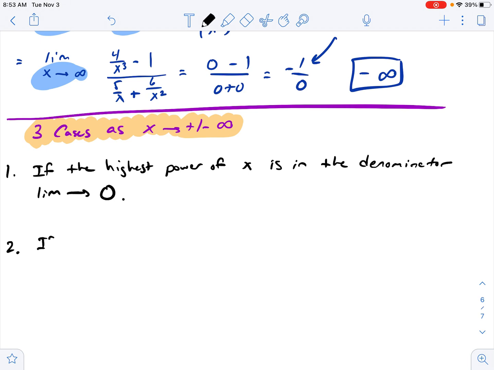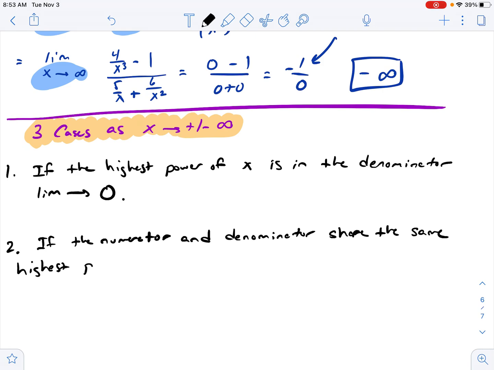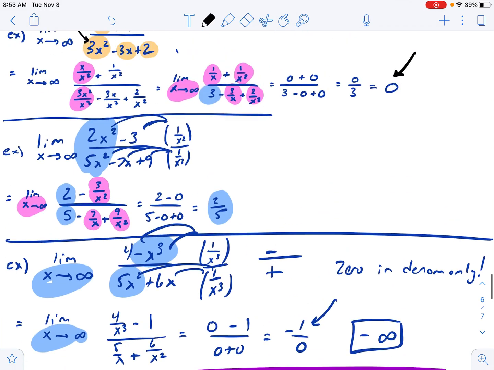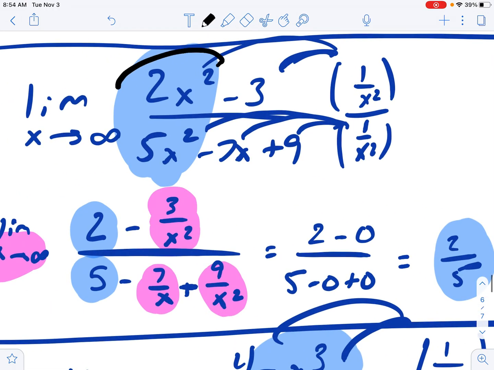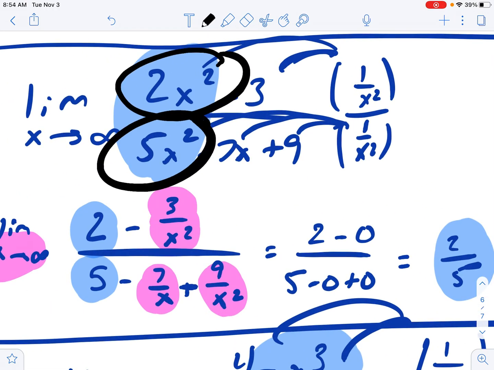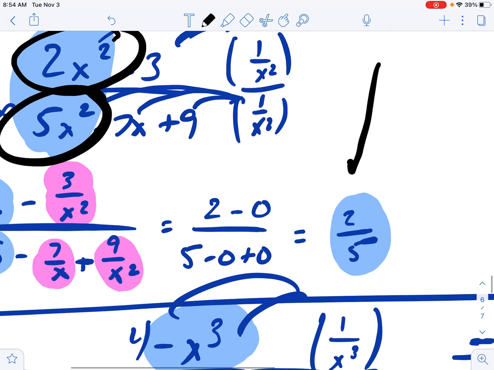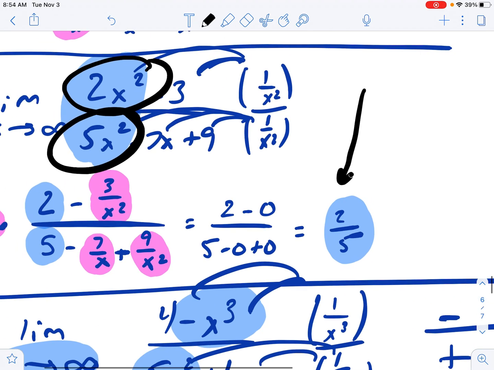Second case, if the numerator and denominator share the same highest power of x. Well, that was our second case. We had a 2x squared over a 5x squared, and at the end of the day, what do we get back? 2 over 5.